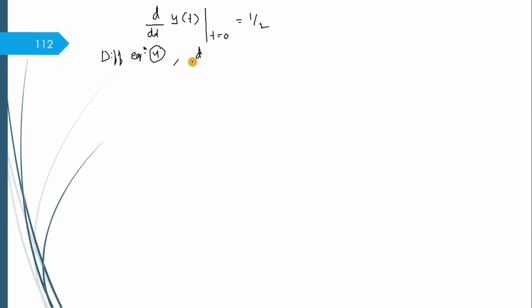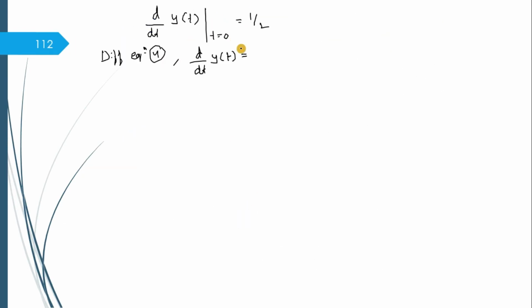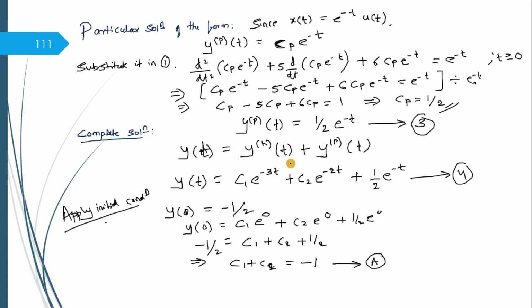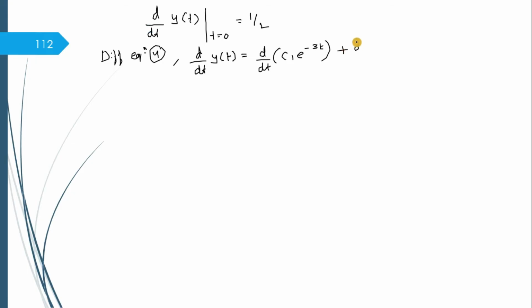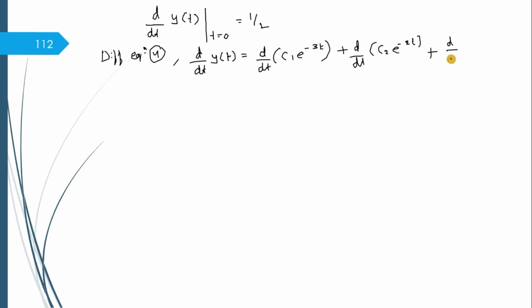So d by dt y of t is equal to d by dt c1 e raised to minus 3t, plus d by dt c2 e raised to minus 2t, plus d by dt of half e raised to minus t. This is what you need to solve now.